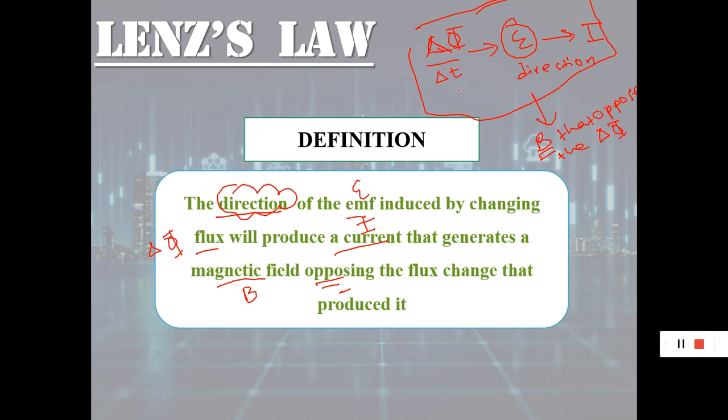So again, from Faraday's law, you have learned that when there are changes in flux over time, it will induce the EMF, and this EMF will induce the current. For Lenz's law, the direction of the EMF induced by changing the flux will produce the current that generates the B that opposes the flux.